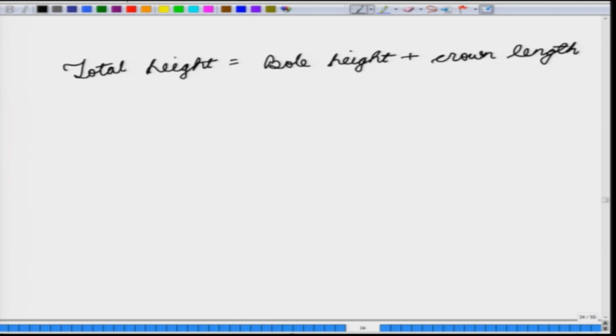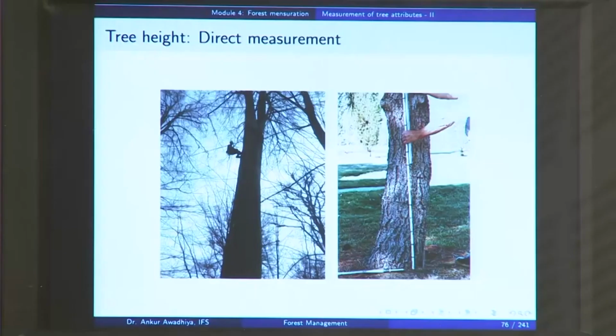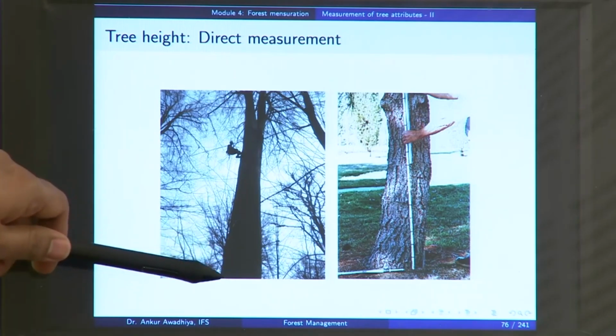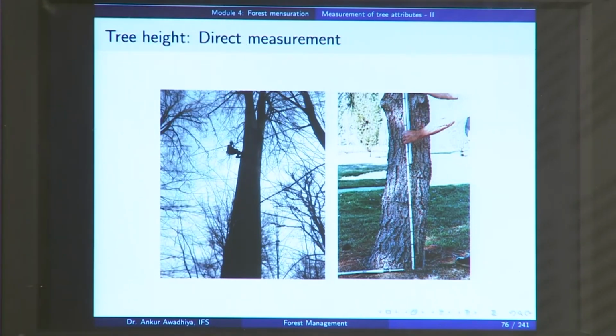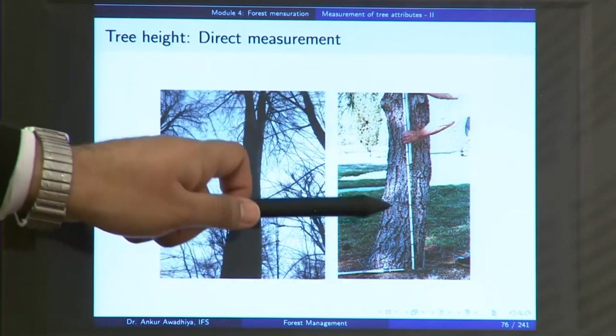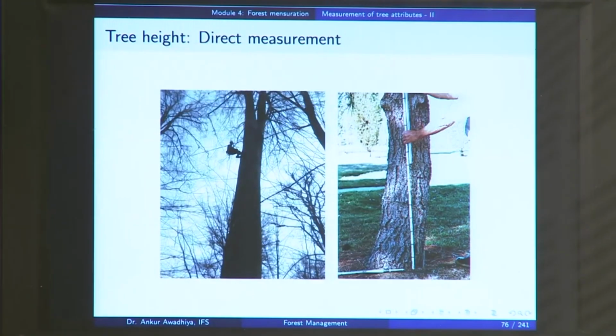Now, in the measurement of the height of a tree, we have two different options. The first option is known as a direct measurement. In a direct measurement, you place an instrument along the trunk of the tree and measure the length of the instrument till the height you want to measure. In the case of trees of shorter height, we can just make use of poles that can be extended.